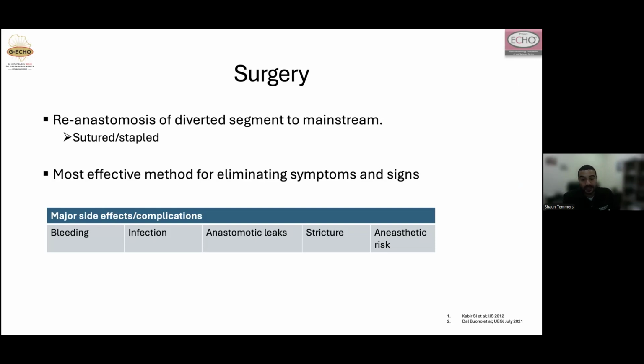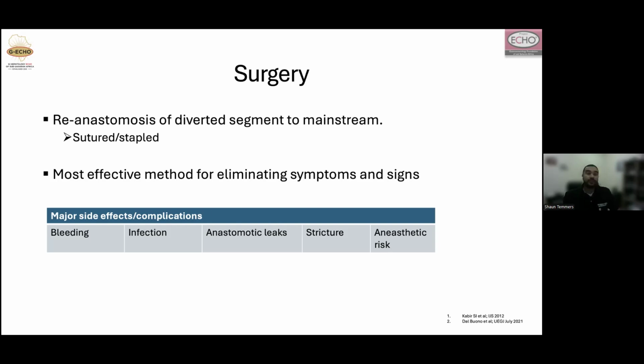They're usually patients whose abdomens might be hostile because of the prior requirement for their ostomies. So there might be bleeding, infections, and anastomotic leaks are a reality. Even if there's none of those, later complications such as strictures can occur, which might require direct attention, as well as the anesthetic risks that these patients will have.